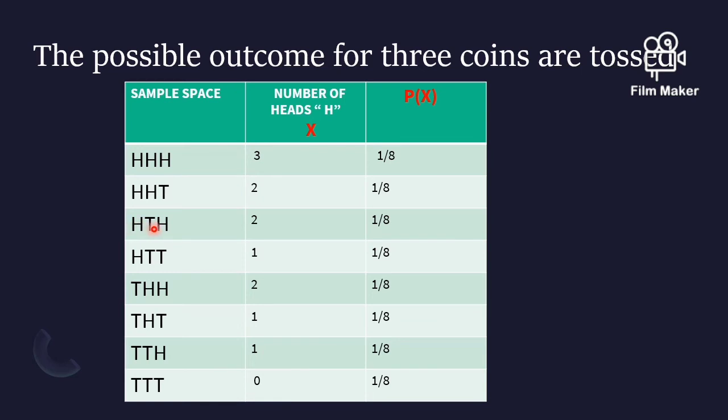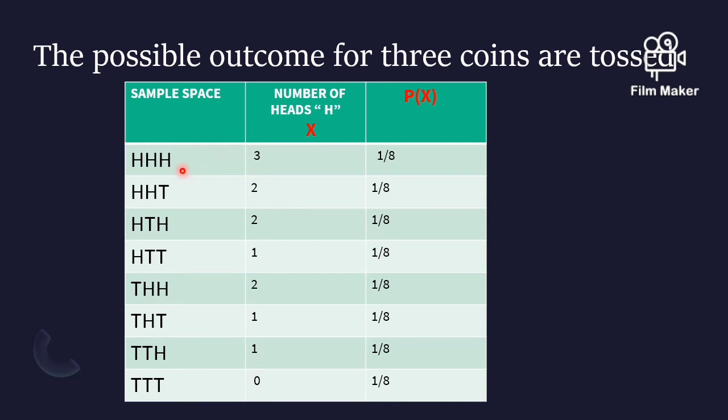Head, tail, head: 2. Head, tail, tail: number of heads is only 1. Tail, head, head: only 2. Tail, head, tail: 1. Tail, tail, head: 1. Tail, tail, tail: there are no heads, so you will write 0.